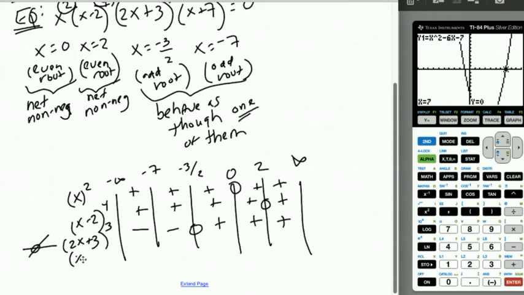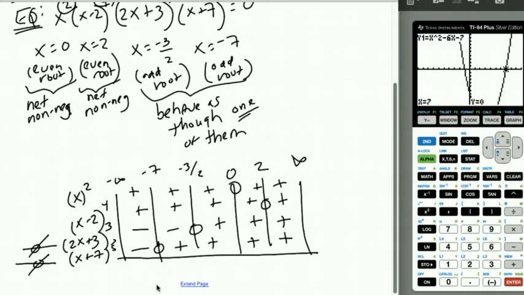And similarly, the x plus 7 to the 5th is going to behave just like x plus 7 would behave, because if you put something to the 5th that's negative, it stays negative. If you put something to the 5th that's positive, it stays positive. So what's going to happen is that your function is going to be positive, negative, positive, still positive, and still positive.